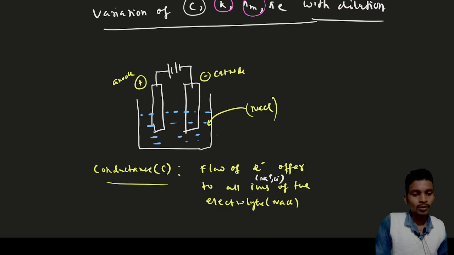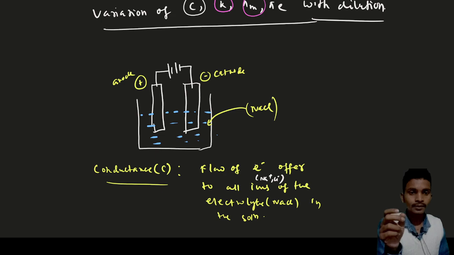So in these solutions, the flow of electrons offered to all the ions of the electrolyte, that is called conductance.